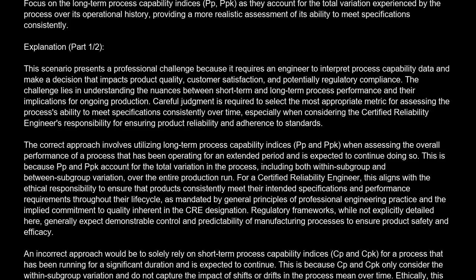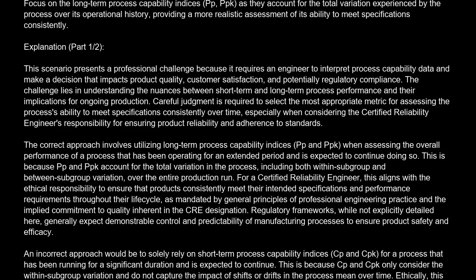Regulatory frameworks, while not explicitly detailed here, generally expect demonstrable control and predictability of manufacturing processes to ensure product safety and efficacy. An incorrect approach would be to solely rely on short-term process capability indices, CP and CPK, for a process that has been running for a significant duration and is expected to continue.